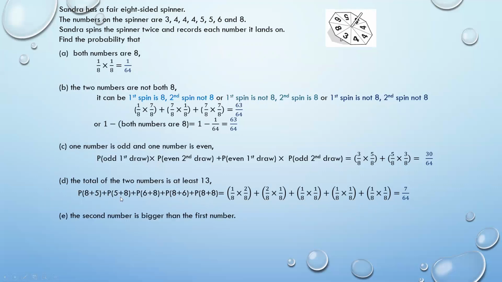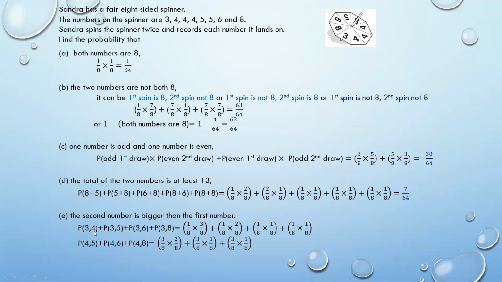Okay? And the last part, the second number is bigger than the first one. Okay, so it can be 3 and 4, 3 and 5, 3 and 6, 3 and 8. These are all the second number bigger than the first, right? So you need to find out every single probability here. You have to multiply, plus them together.